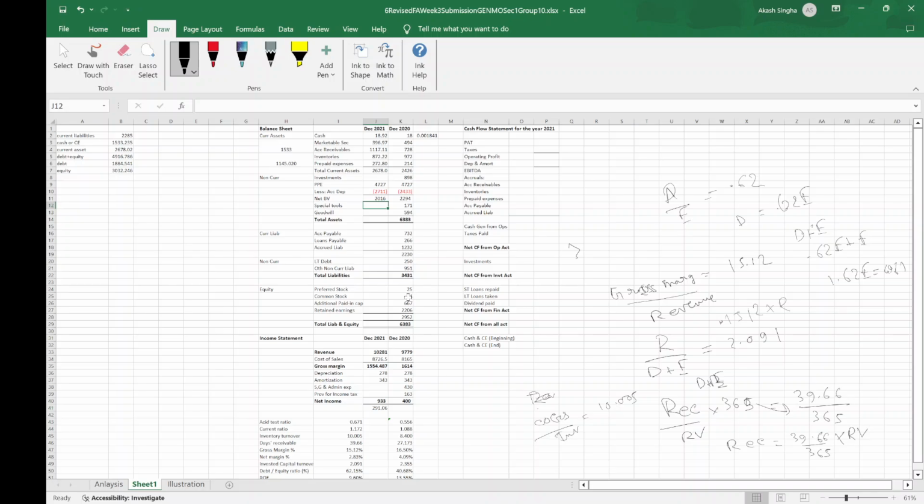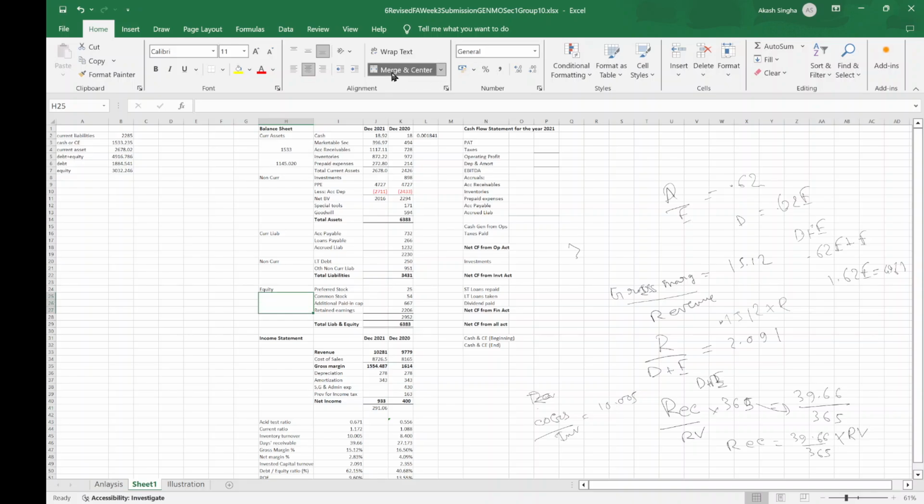So yeah, total liability and equity. We have equity, right? Total equity is 3032, this value. And then we have the debt also, which is 1884.541.